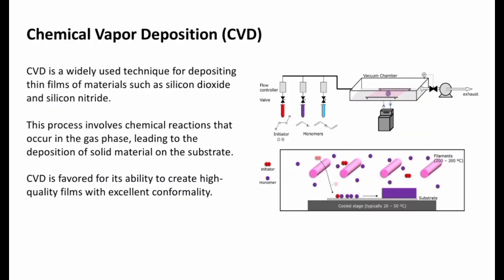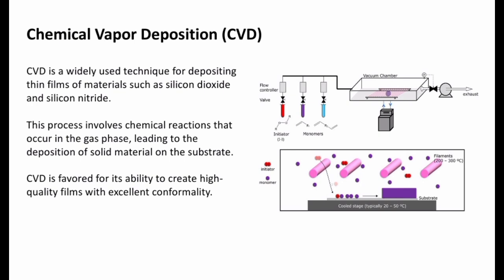Chemical vapor deposition. It is commonly called CVD. It is a technique used for depositing thin film materials such as silicon dioxide or silicon nitride. This process involves chemical reactions that occur in a gas phase, leading to the deposition of a solid material on the substrate.